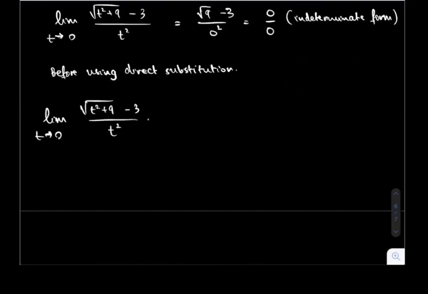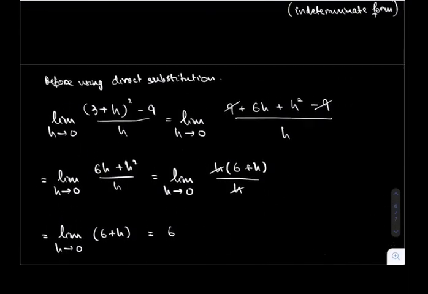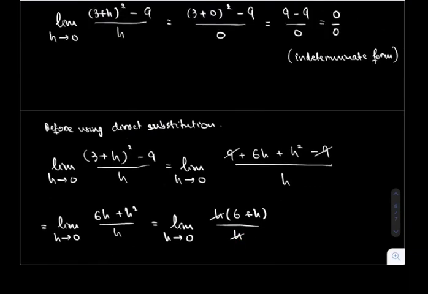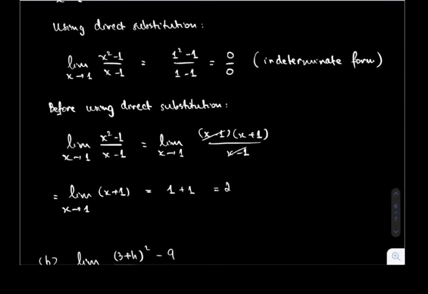Most of the time, for the previous two cases, we try to eliminate or cancel out the term in the denominator. For the previous problem, we tried to get rid of h in the denominator, and before that, x minus 1 in the denominator.